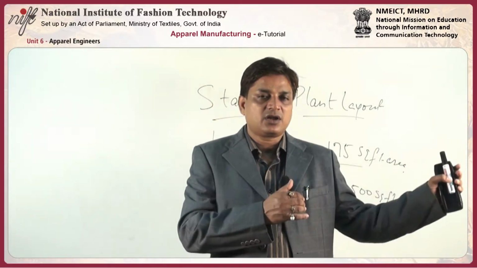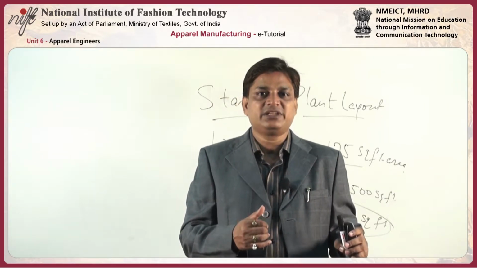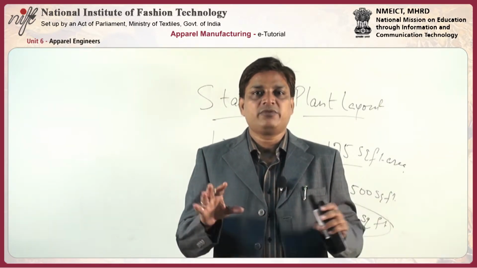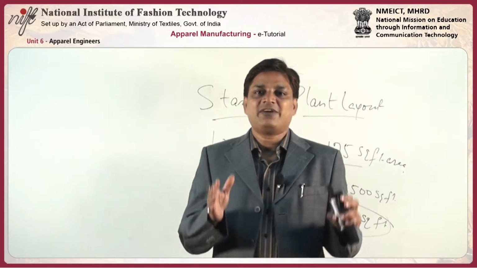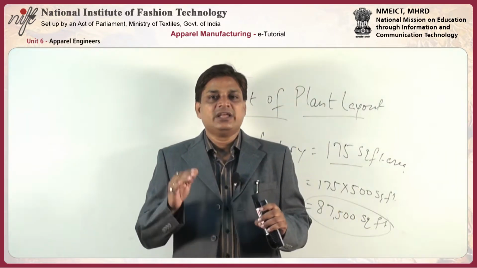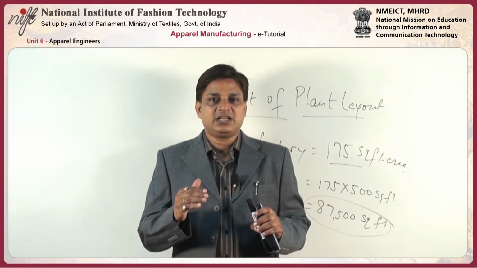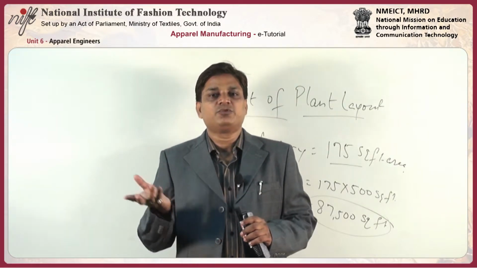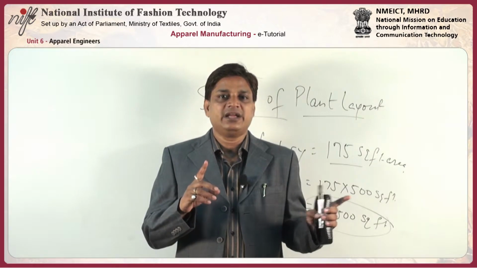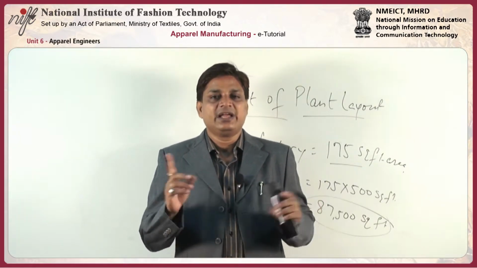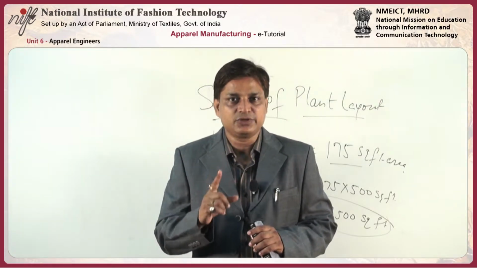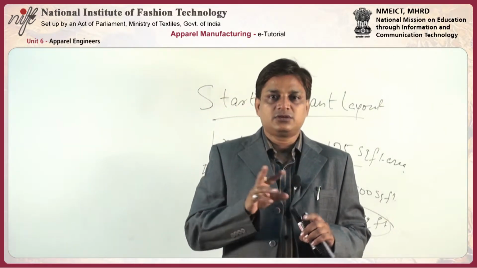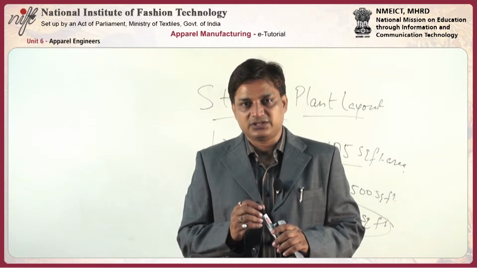Once we have received the raw material, it goes through whatever processes there are in the fabric store, and after that, based on the challan and the indent, it will move to the cutting department. So the entry should be from outside, and the exit of the fabric should be through the cutting room inside. So two gates are required.